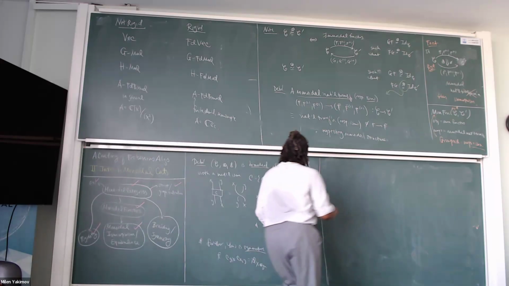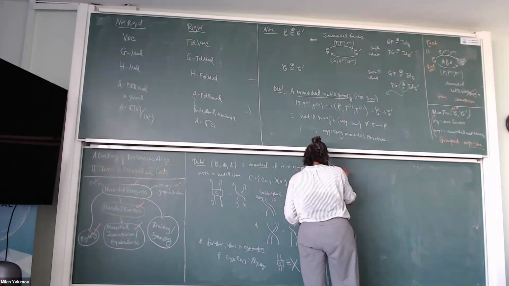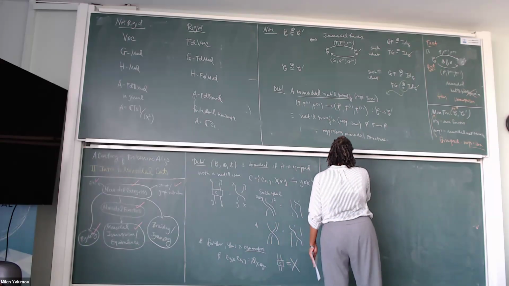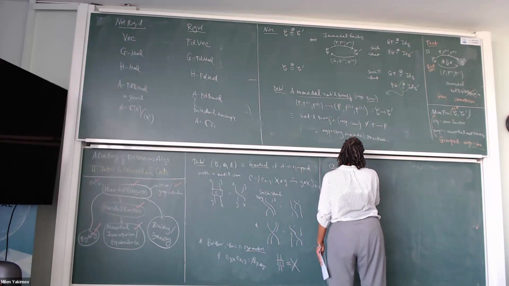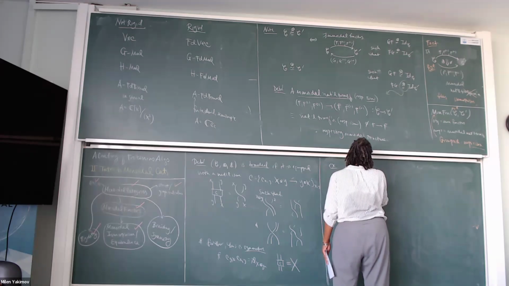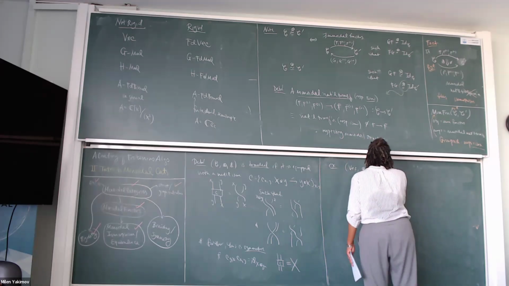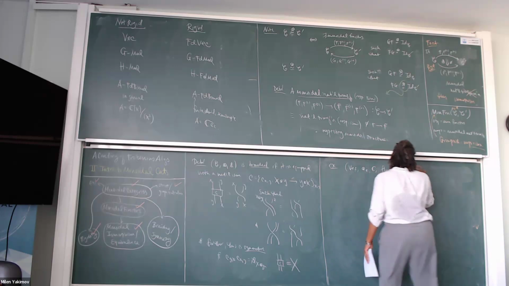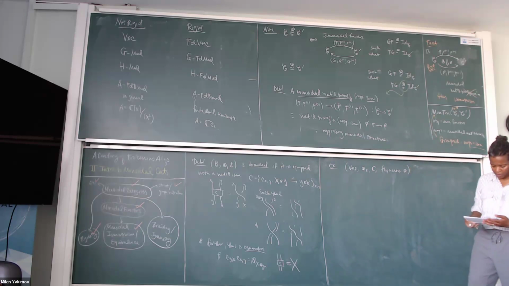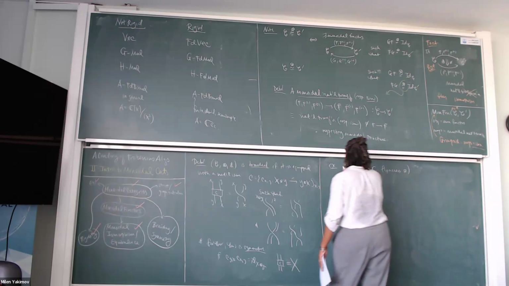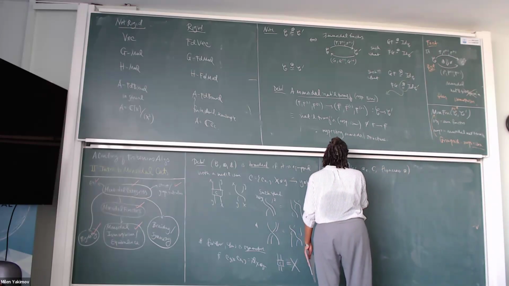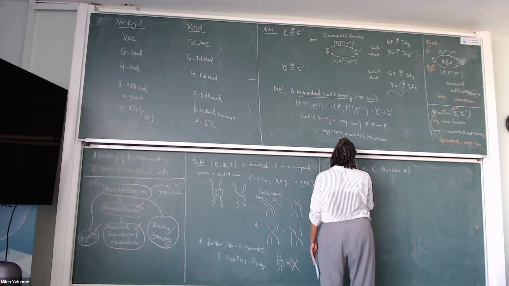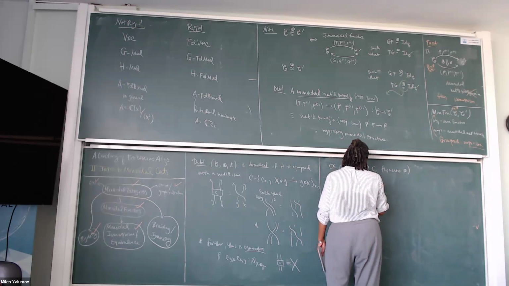So some examples. If I have my middle category of vector spaces, then the usual flipping across the tensor product is a symmetry. Same thing with G-modules, which have a nice symmetry.